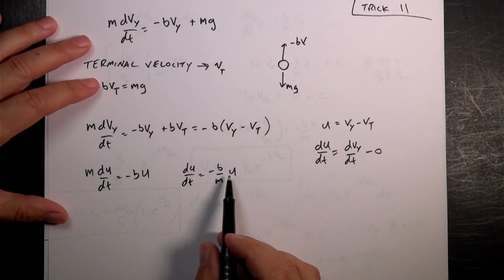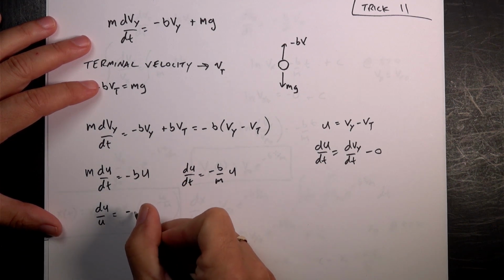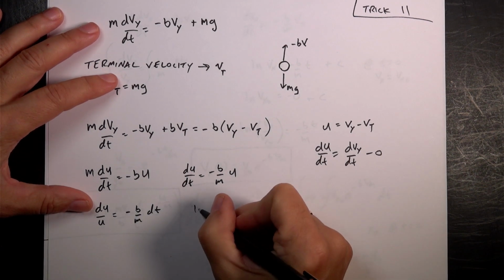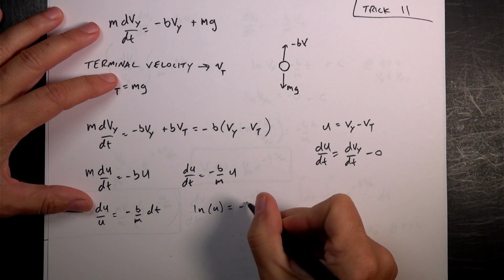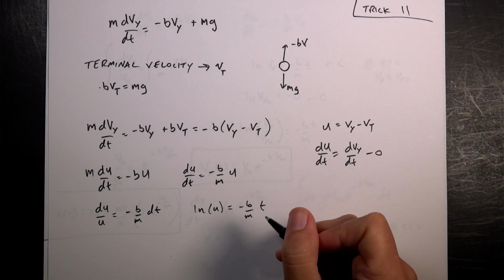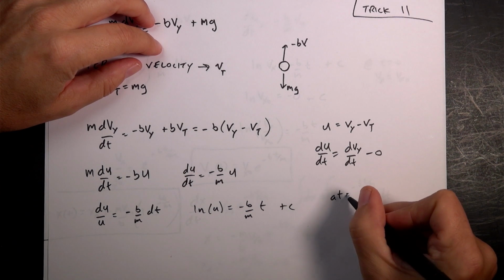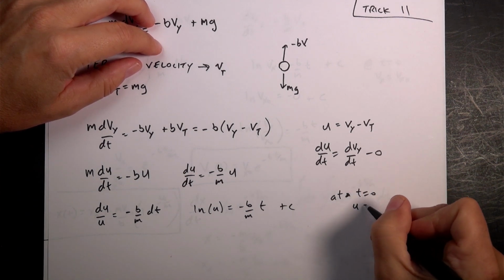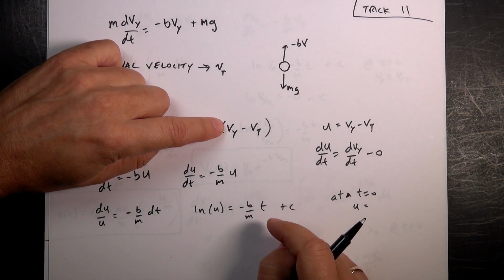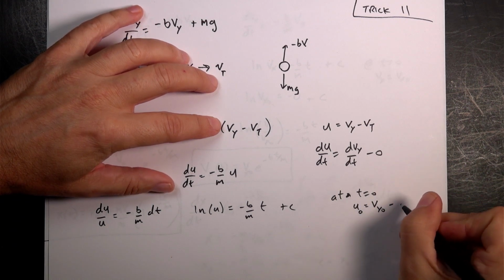Okay. So again, I'm going to separate the variables. I get du/u equals negative b over m dt. If I integrate both sides, I get the natural log of u equals negative b over m t, plus c. Now I can say at t equals 0, u is going to be what? At time t equals 0, vy is vy0, so u0 is going to be equal to vy0 minus vt.